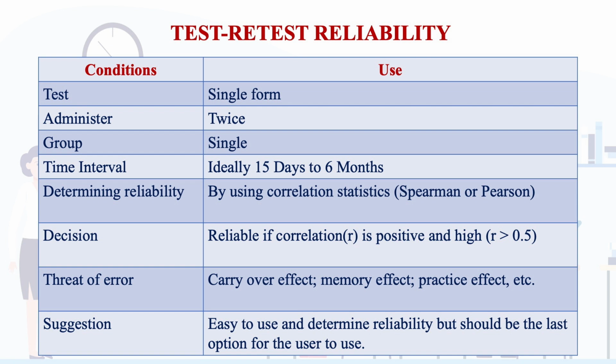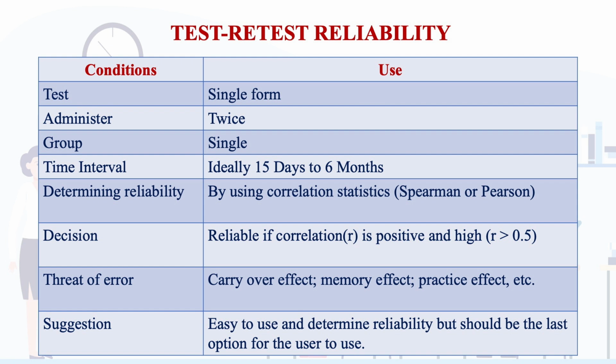Now let us focus upon the first method, that is the test retest reliability method. Here you see on the left side the conditions are given, and on the right side its uses are given. The very term used in this method is test retest.